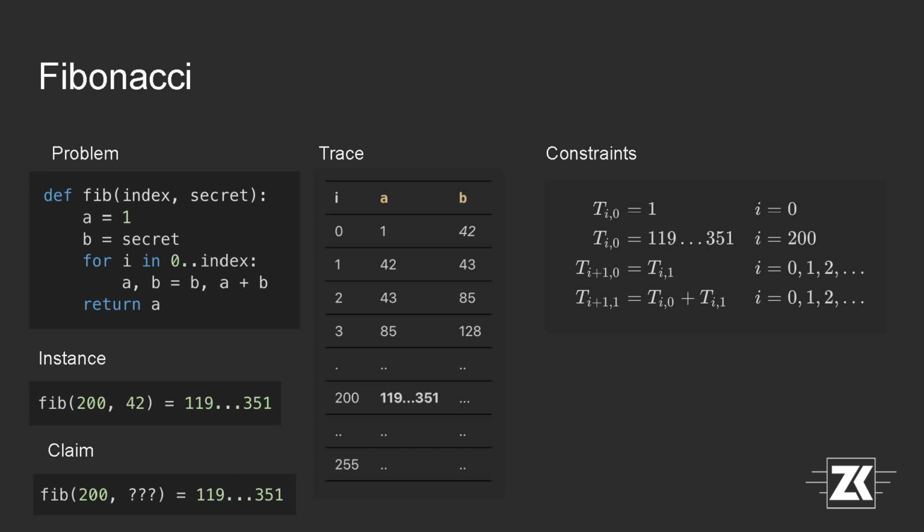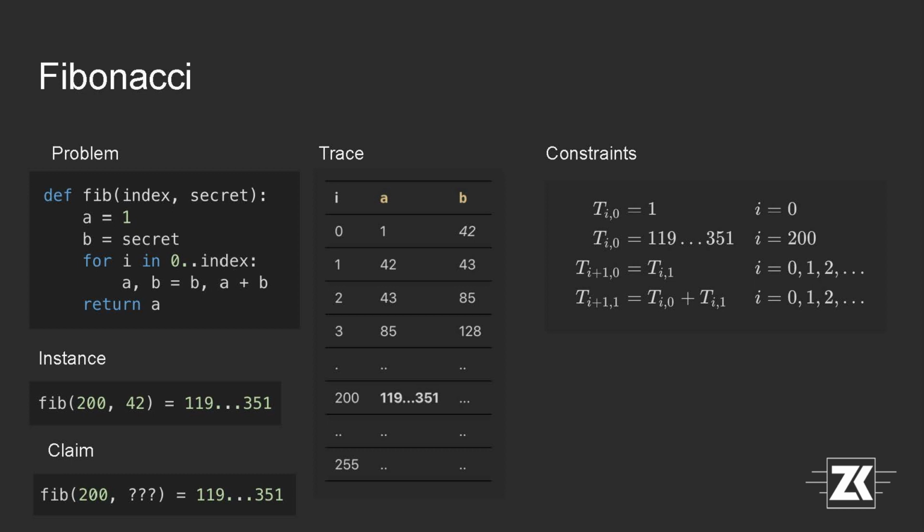And 0 is the column. So the first column, the value needs to equal 1 on row 0. Another constraint is that the first column needs to equal our output value at row 200. These are so-called boundary constraints because they hold only on a single row.